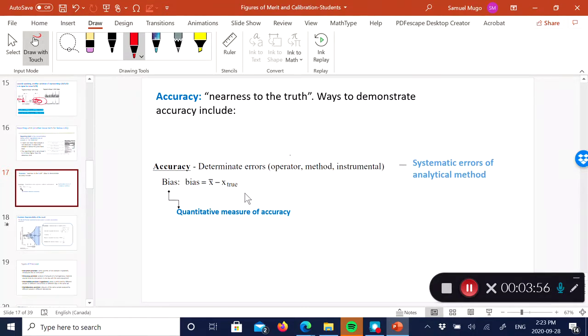You determine the true value by analyzing the sample many times, hopefully by different types of instrumentation and by different people. So if you realize there is a bias, then there is a problem with the accuracy. And we already said before that this can be detected or corrected using calibration, for example, because it's a systematic error.